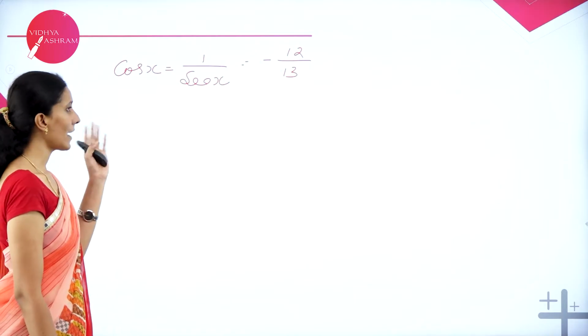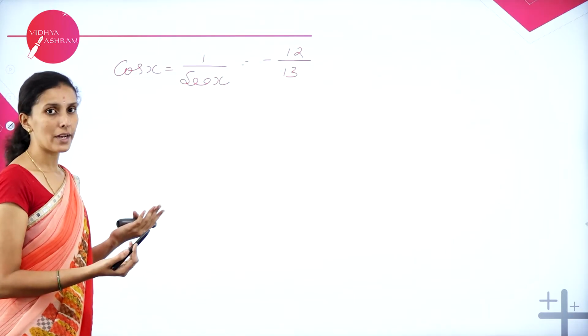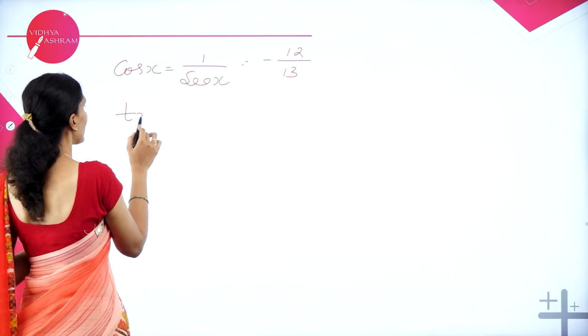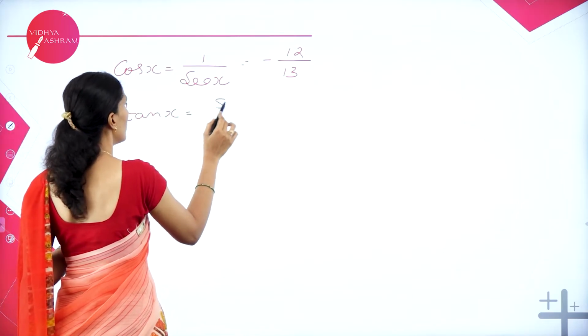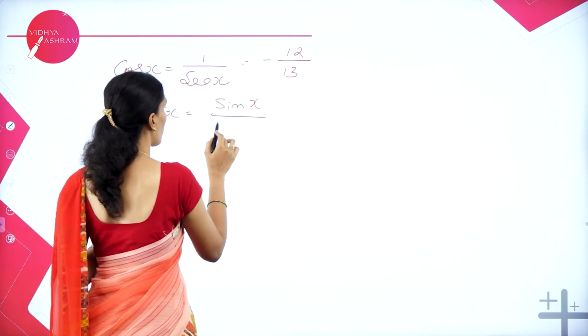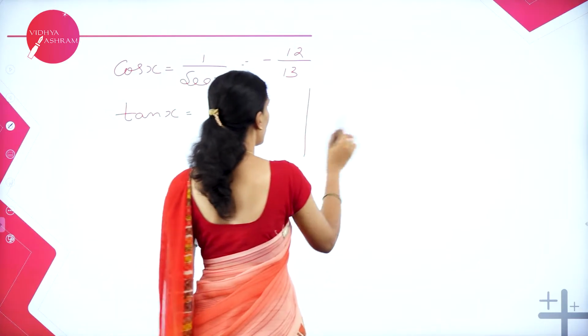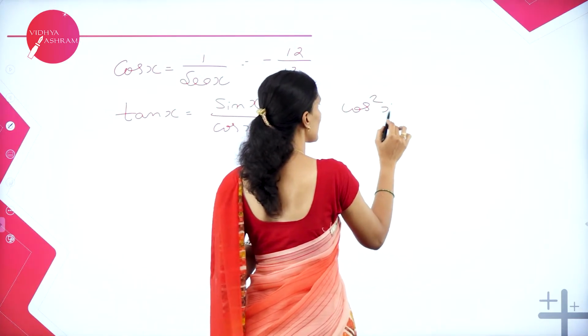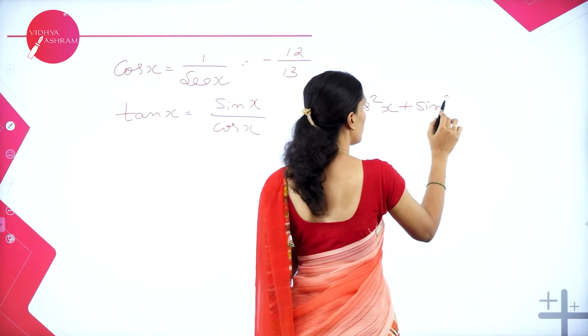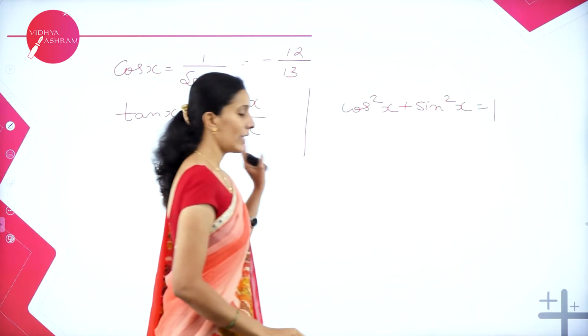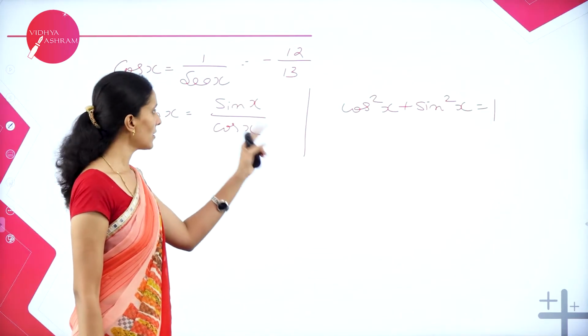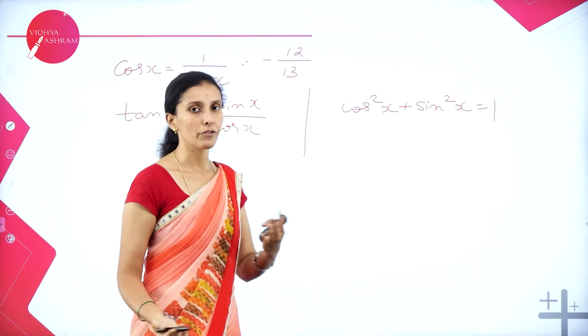To find them, you can use the tan x is equal to sin x by cos x formula, or you can use cos square x plus sin square x is equal to 1. In either of these two identities, if you find sine, it is easy to find cosecant.